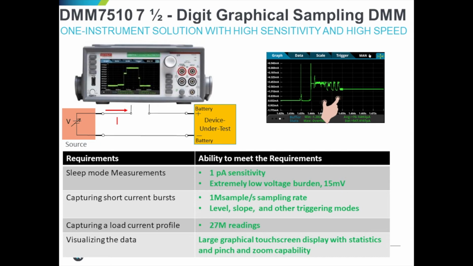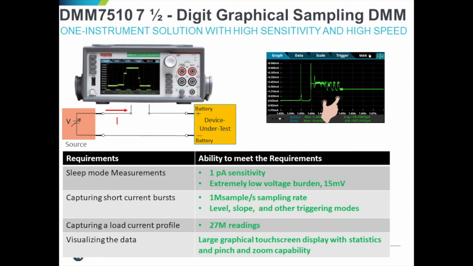Sampling rates are up to 1 megasamples a second that can capture all current bursts and transients. Now, the DMM7510 also has super long memory of 27 million points, which is more than enough to capture all of the operating phase data in order to optimize design, as well as look for debug opportunities where needed.